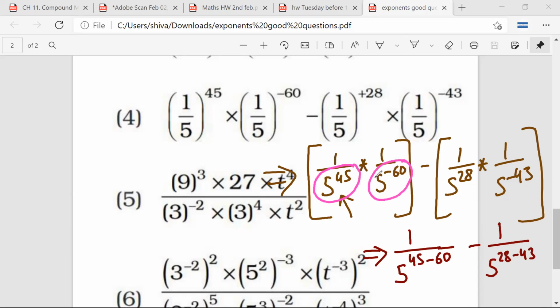Both are in the denominator. Therefore, I am writing this as 5 raised to power 45 minus 60. And there is a minus here and there is a minus here, and this I can write as 5 raised to power 28 minus 43.